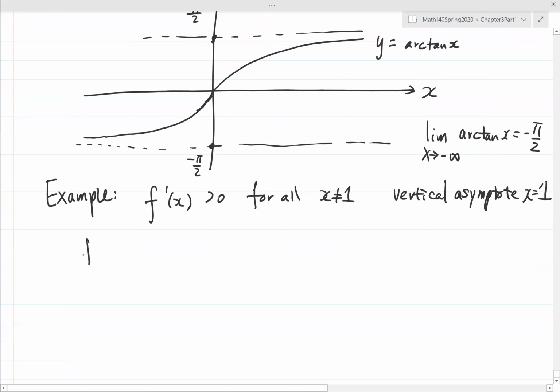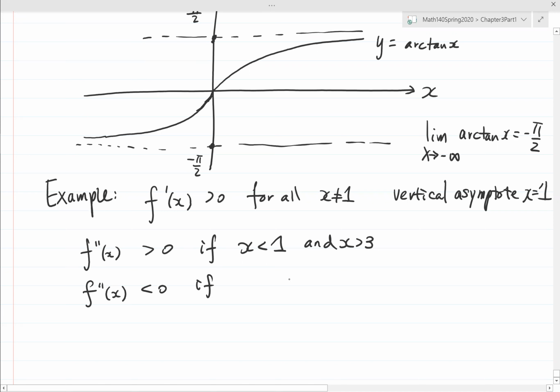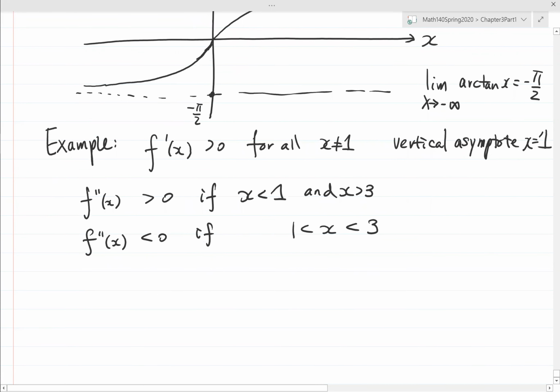Now f second derivative is positive if x is less than 1 and x greater than 3. f second derivative is less than 0 if x is between 1 and 3. How do we plot a graph that satisfies these conditions?